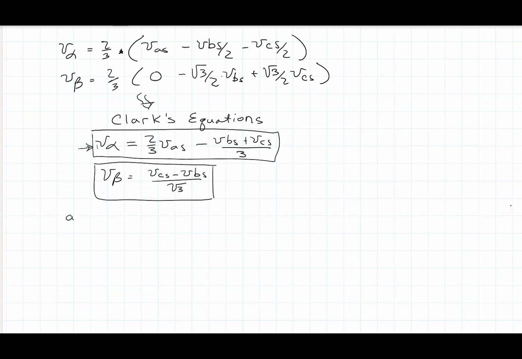But let's just look at the V alpha for just a moment. Let's assume that VAS is equal to Vs cosine of theta s, and VBS is Vs cosine of theta s minus 2 pi thirds, and VCS is Vs cosine of theta s plus 2 pi thirds.